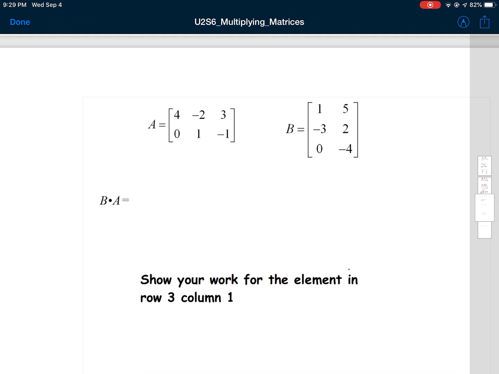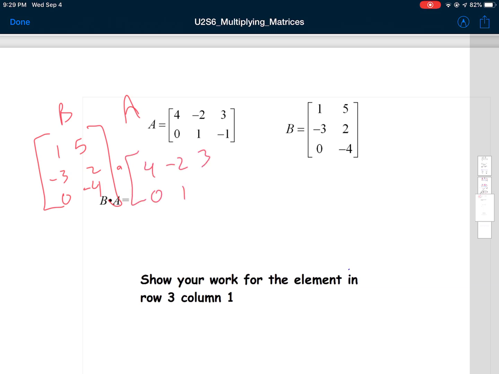Okay, so BA, again, you can do this in your calculator, but BA means that B would come first. So there's my matrix B. And matrix A would come second, so there's my matrix A. So just check, here I got 3 by 2, I got a 2 by 3.